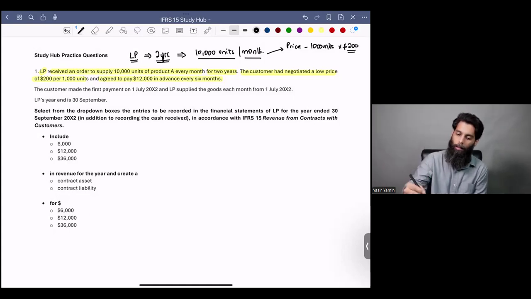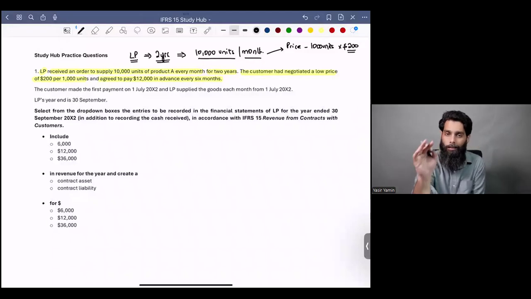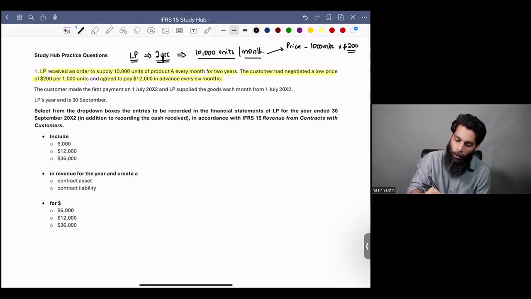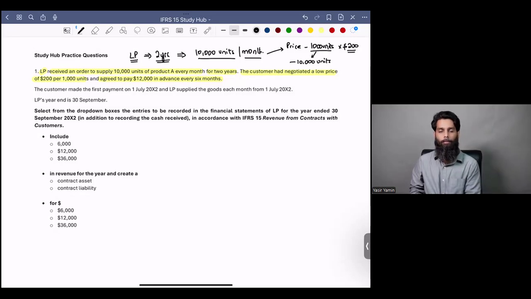All right. So what it says, the contract provides that for 1,000 units, you charge Walmart or your customer $200. Each and every month, you have to provide not 1,000 units, but 10,000 units, which is technically 10 times 1,000 units.